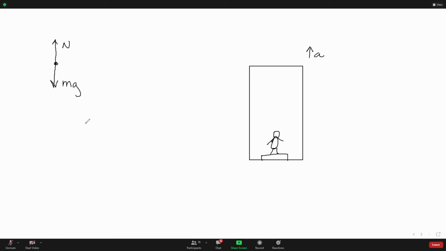So this doesn't look like we've done anything, but we really have, because the equation is N minus mg equals ma. So that means the normal force is equal to m(g plus a), which you would have probably guessed.